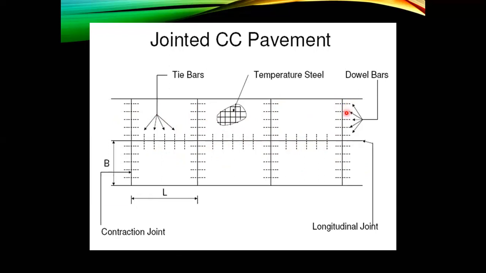These are the dowel bars, 1, 2, 3, 4, 5, 6, 7, 8. And to withstand this in the longitudinal joint, they have provided the tie bars. In the longitudinal direction, tie bars will be provided. Similarly, in the transverse direction, dowel bars will be provided. We are discussing the same points in this class.